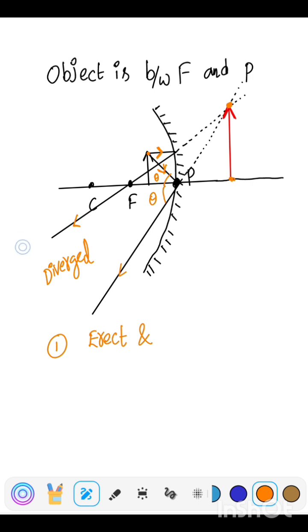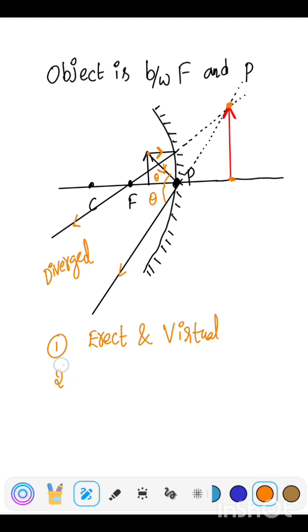Why? Because these two rays are not meeting each other. When the rays are not meeting each other, the image formed is an erect image and a virtual image. This cannot be projected onto a screen.